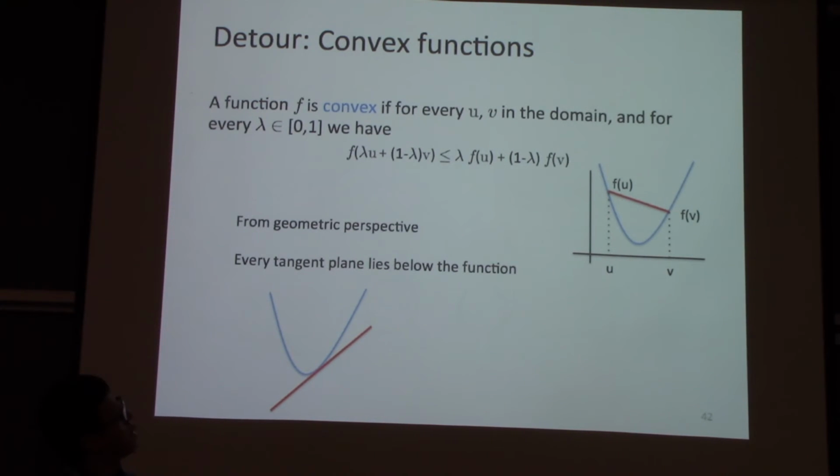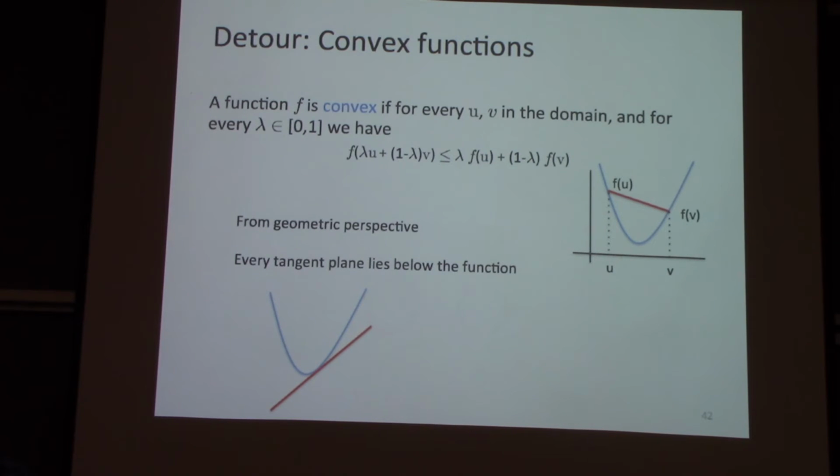So on the right side, you have f(u) and f(v), and similarly you have the same lambda parameter. We are changing the position, moving from u to v, but whatever that parameter is, at any point the function value, the blue curve, is always below the line. This is the meaning of that inequality. And that's the definition of convexity.